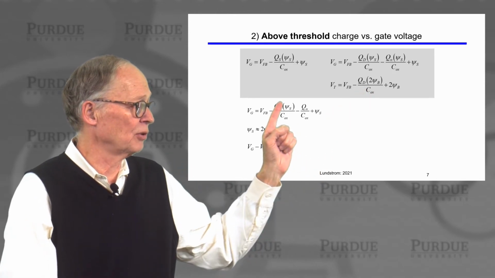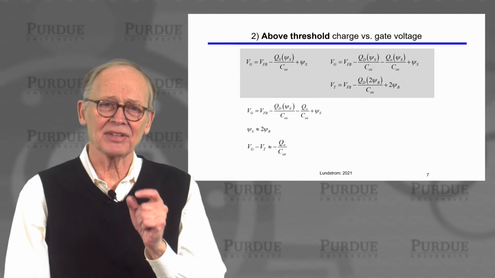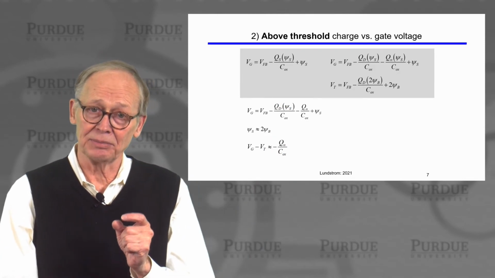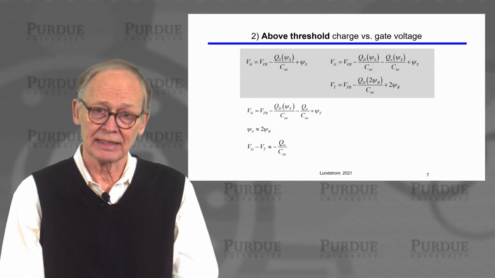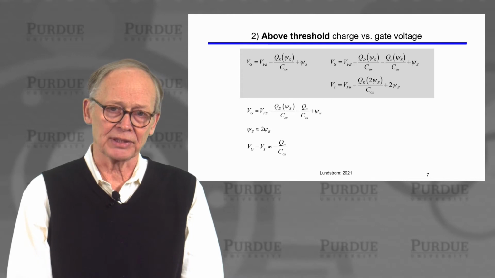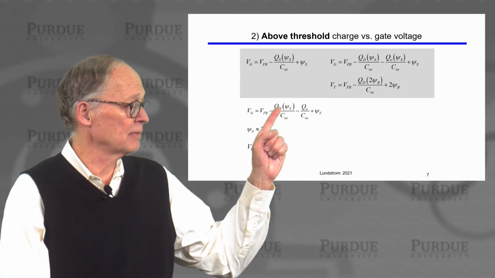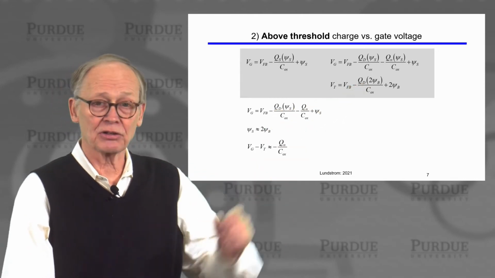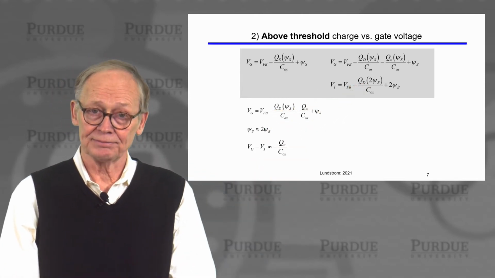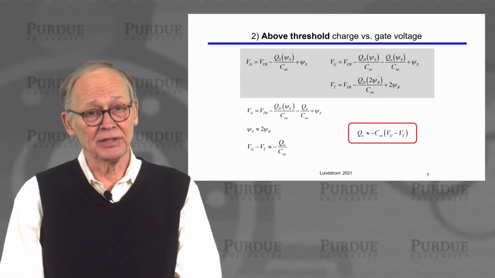When we're above threshold voltage, it's the depletion charge at 2 psi b plus a little bit. Remember, it's hard to bend the bands above threshold. And the depletion charge only varies slowly with surface potential, as the square root of surface potential. So when we do this subtraction, those depletion charge terms are going to subtract out, approximately. When we get all done, we get a really simple result.